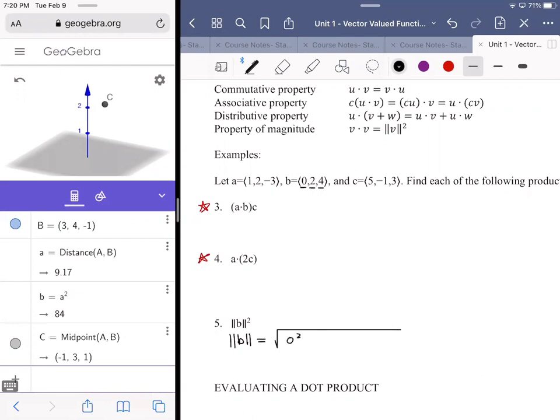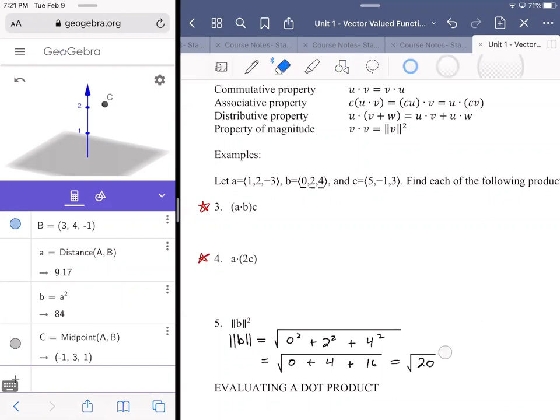I would say 0 squared plus 2 squared plus 4 squared, which is going to be 0 plus 4 plus 16, which is going to give me root 20. Which, when you simplify it, is going to give you 2 rad 5, which is all good.